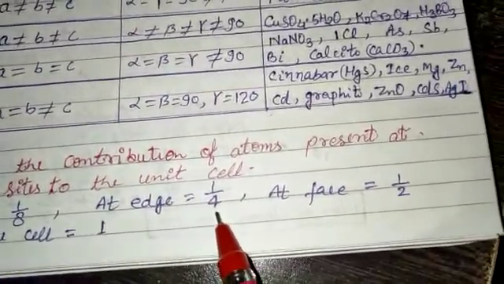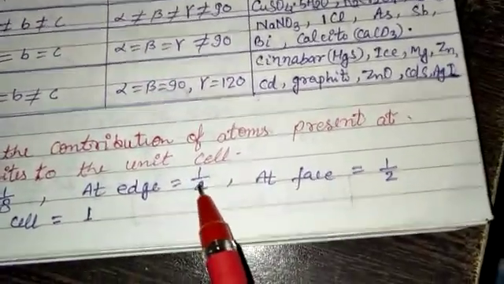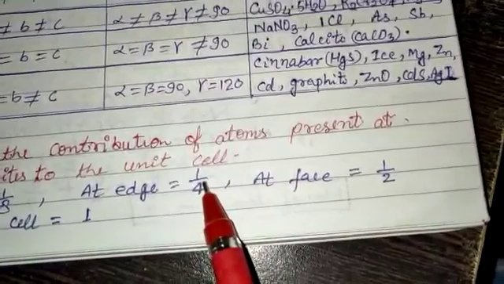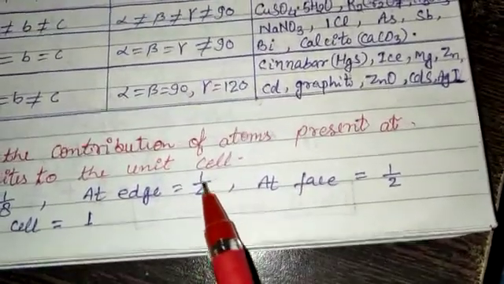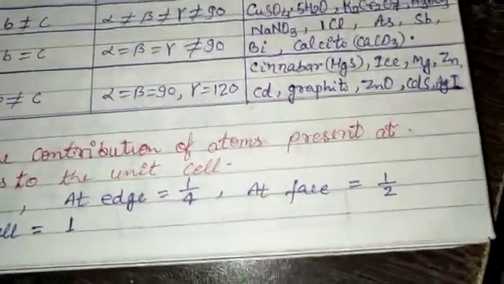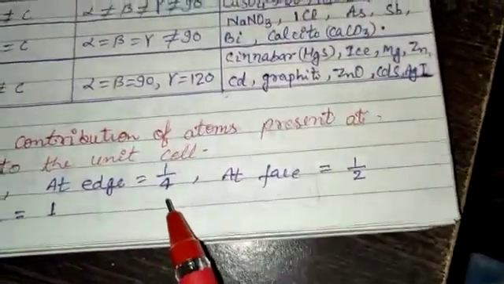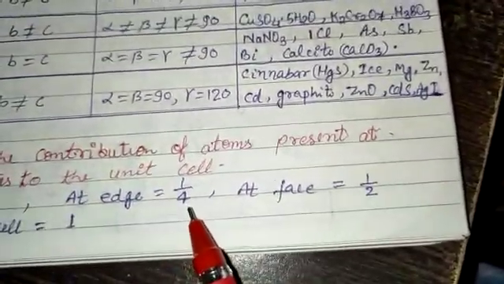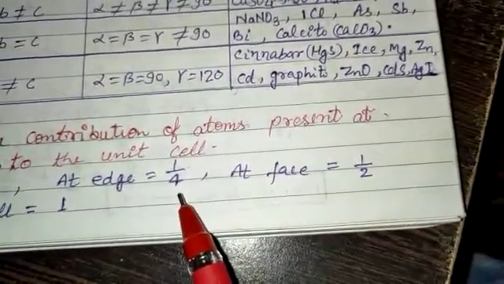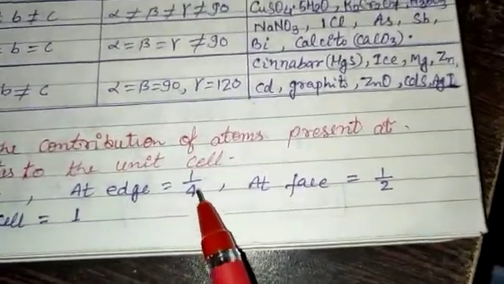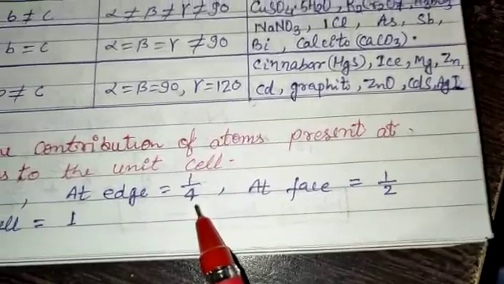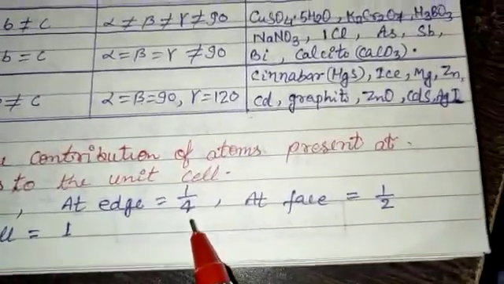The particle which is present at the edge, okay, edge is that line where two faces meet, contributes 1 by 4 of its part to the unit cell.